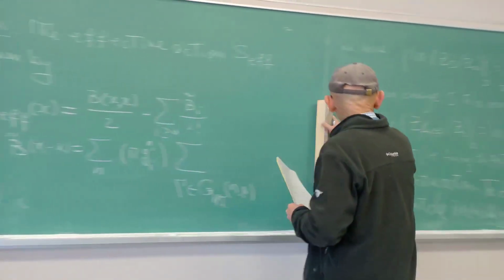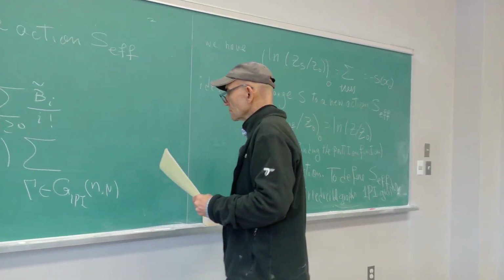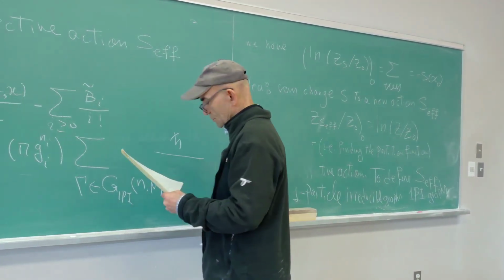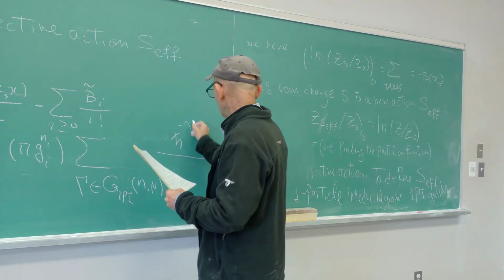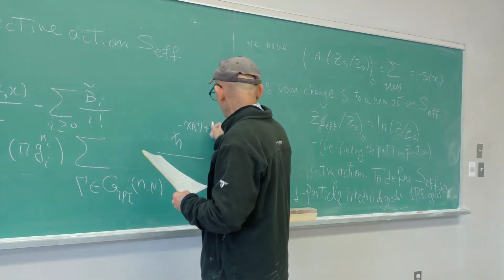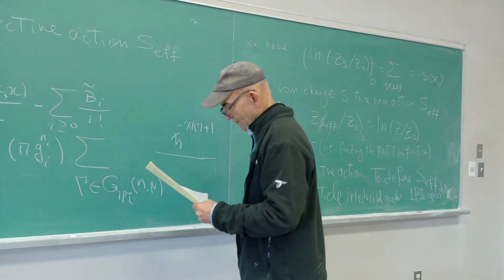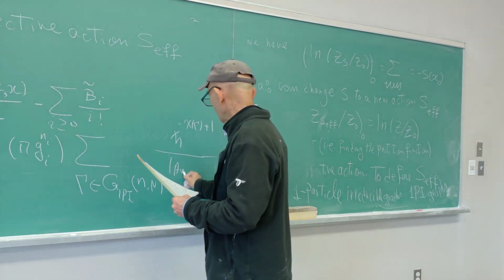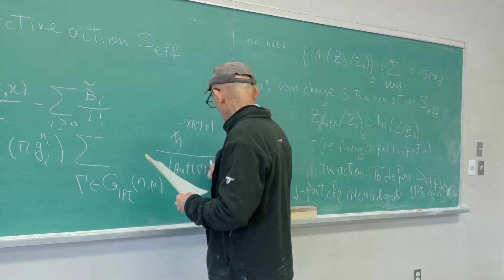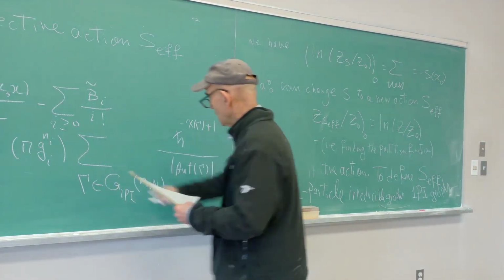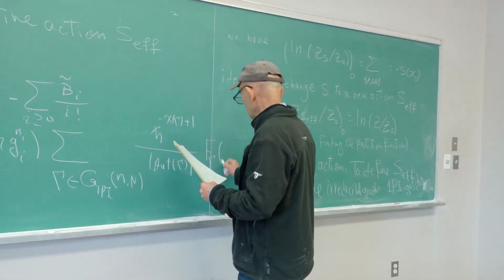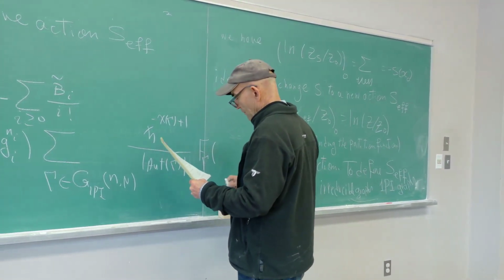Then we do h bar to the power negative Euler characteristic of the graph plus 1 over the order of automorphism of such graphs. And then, yeah, okay, so again, here's a different kind of Feynman rule, we have to be careful.